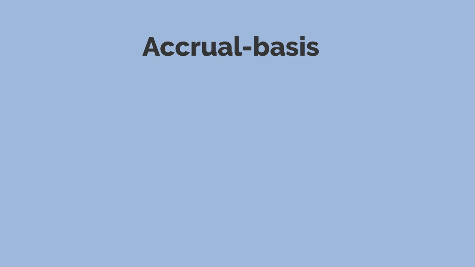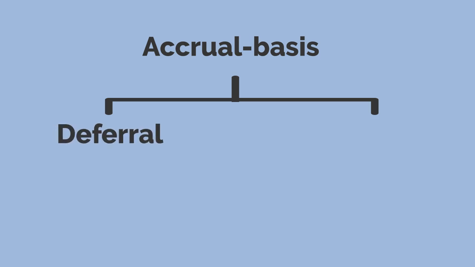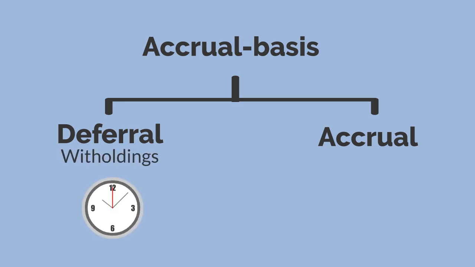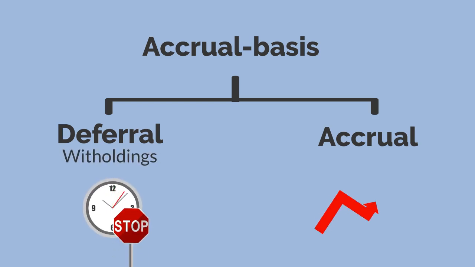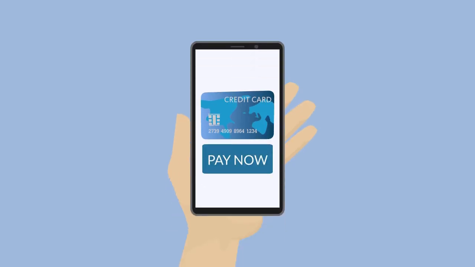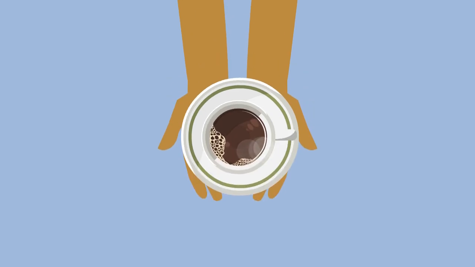The types of adjustments we make in accrual basis accounting will fall under deferrals or accruals. To help you remember, associate deferrals with withholdings, and accruals with build-ups. Deferrals are when the money is exchanged first, then the delivery of goods or services occurs later.